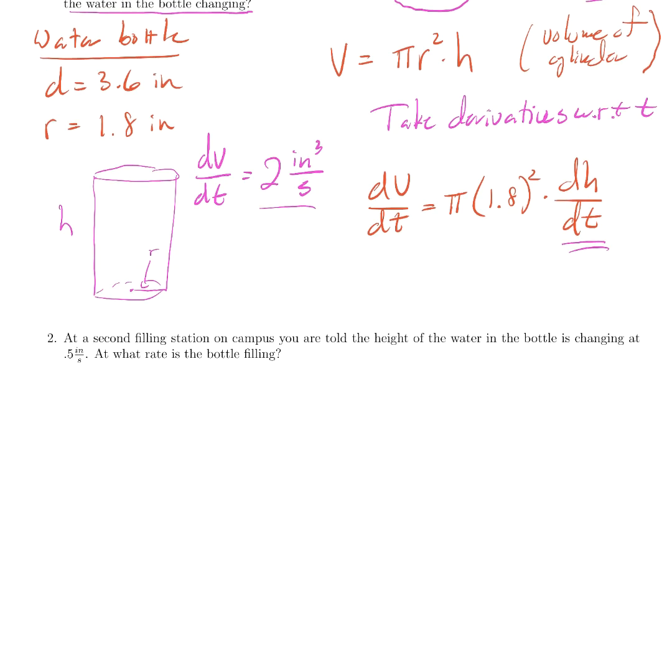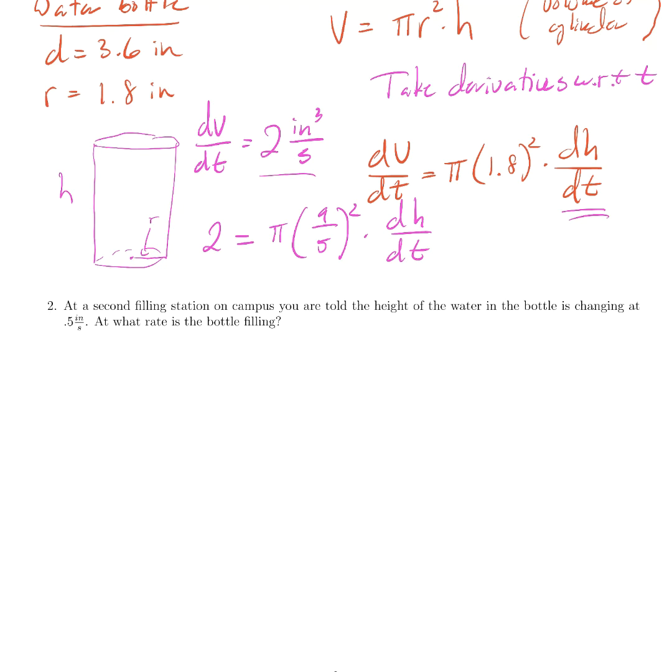Okay, so let's do a little bit of work. dV/dt is 2, so we have 2 is equal to pi times 1.8, that's 18 over 10, which is 9 over 5, squared, times dh/dt. We're running out of space. Let's see if we can fit this in here.